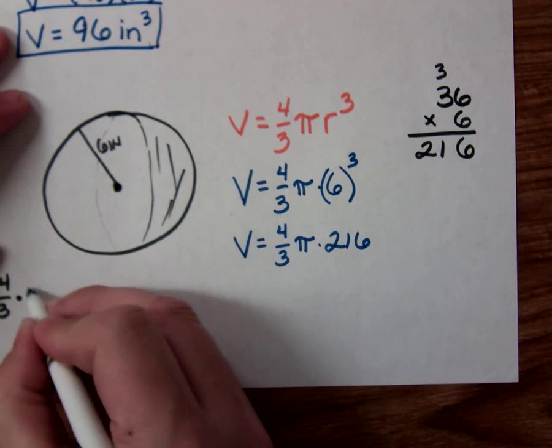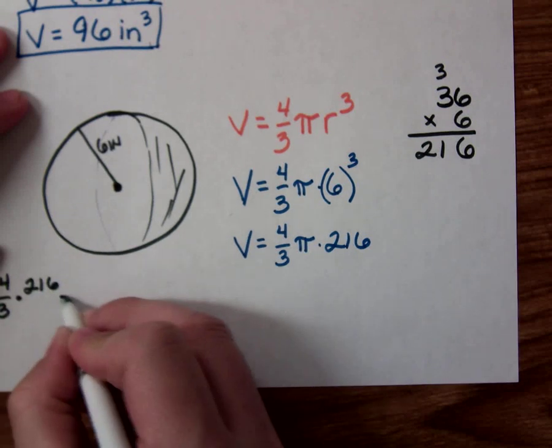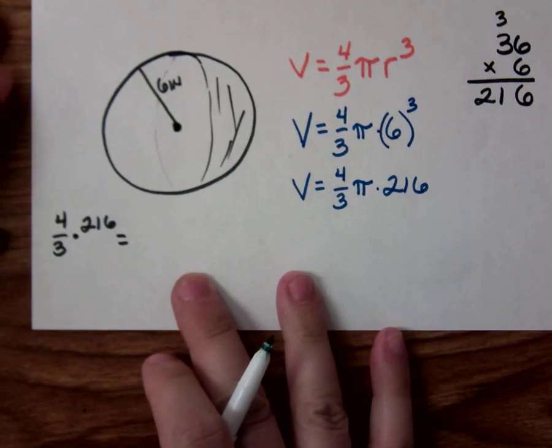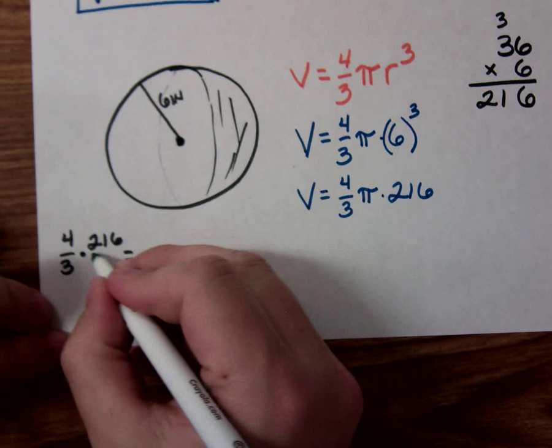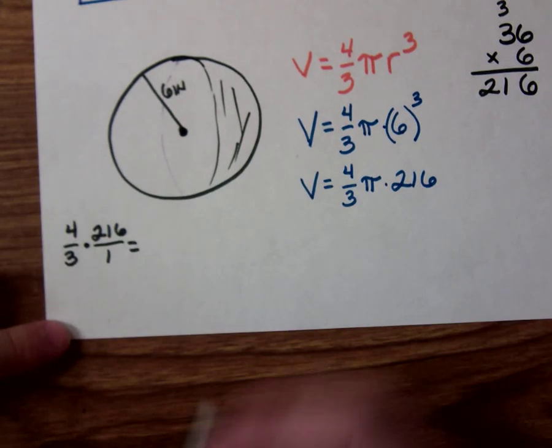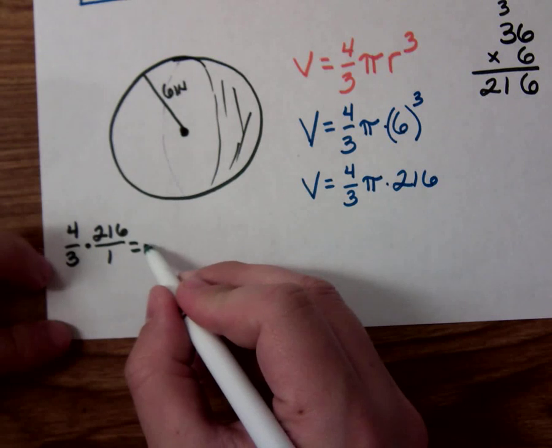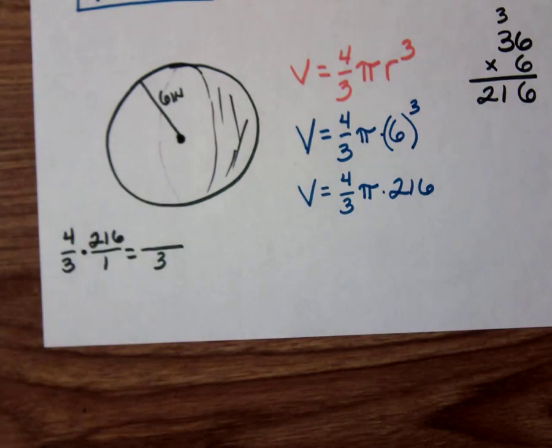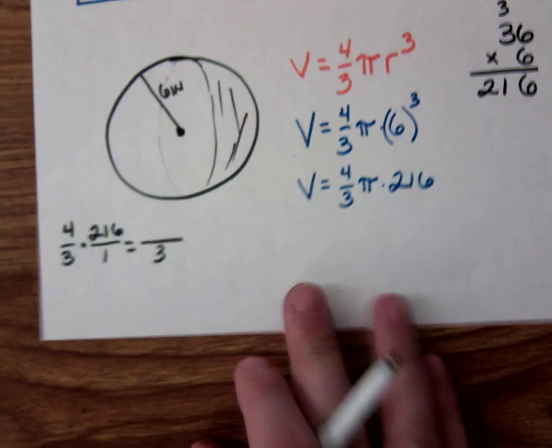When you're multiplying a fraction by a whole number, it's not as difficult as you may think. You just turn that whole number into a fraction by putting it over 1, and you just multiply straight across. So I'll go ahead and do the hard part for you. 3 times 1 is 3. Anybody have the top part?